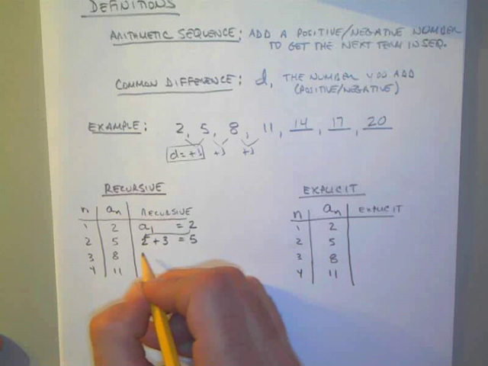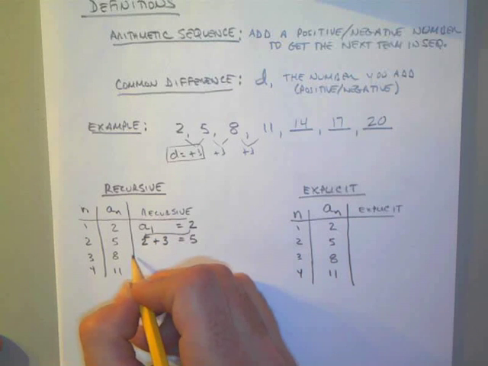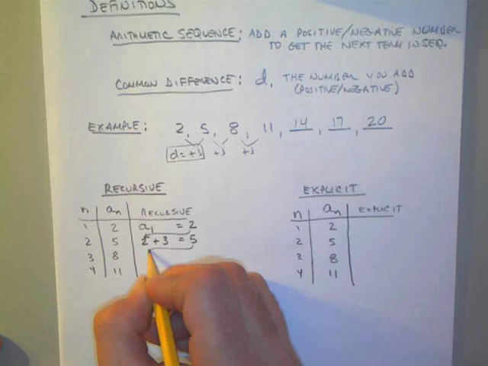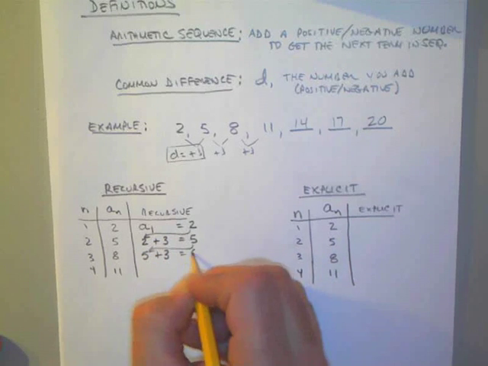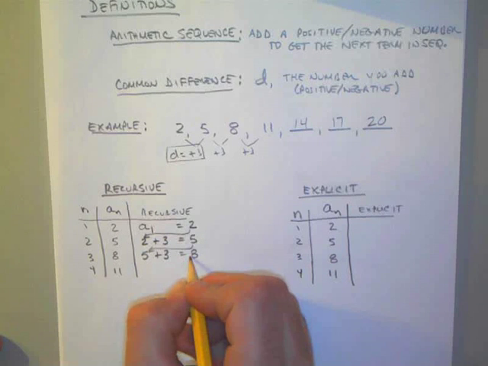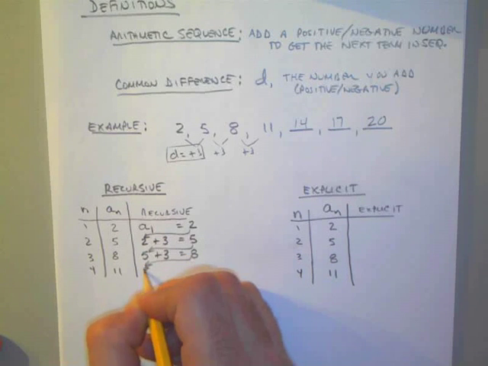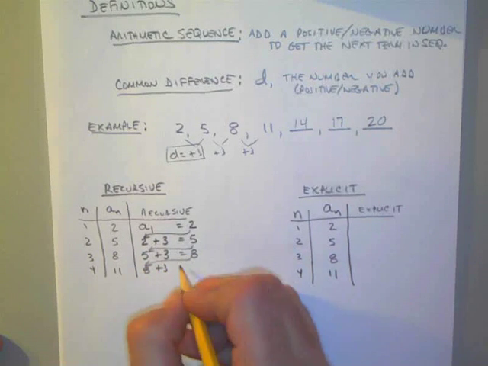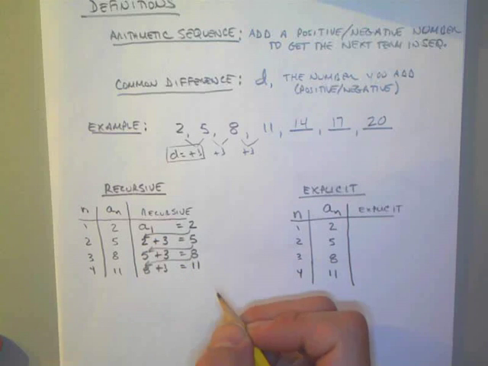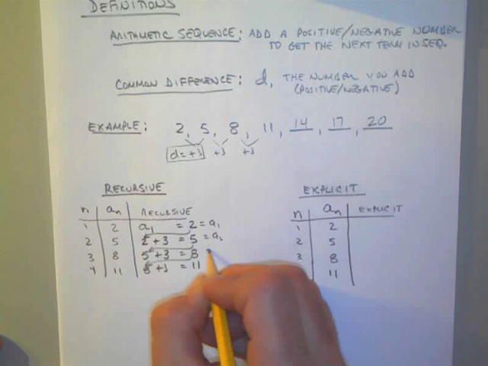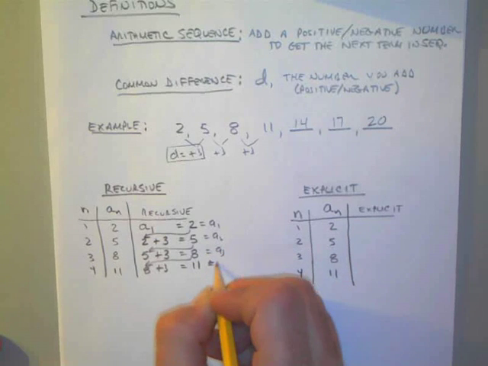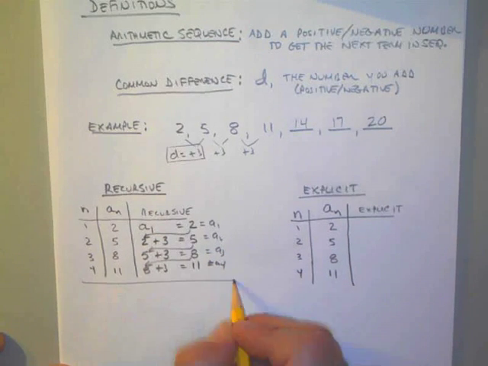And then to get A3, we would take the previous term and add the common difference, and we would get 8. Then we would take this previous term, add the common difference, and we would get the next one. So this is A1, A2, A3, A4.